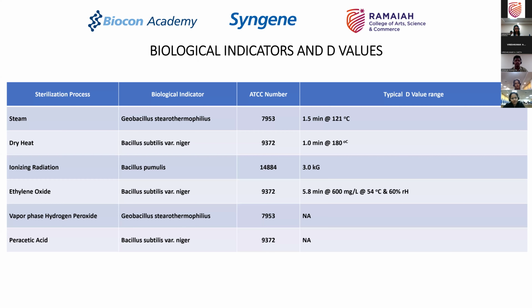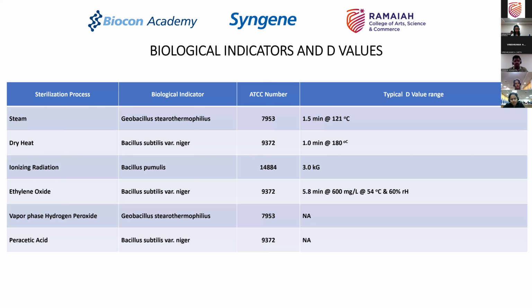All right. Now let's look at some of the biological indicators, where they are used, and the D values of that. When you are using steam, moist heat, we have already looked at it, it is Geobacillus stearothermophilus which is used.